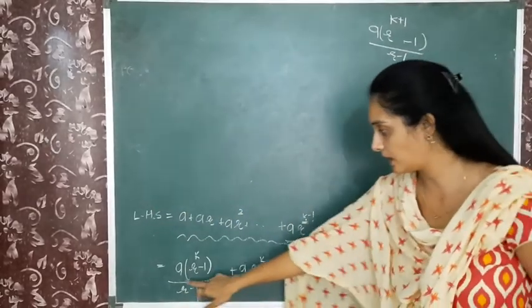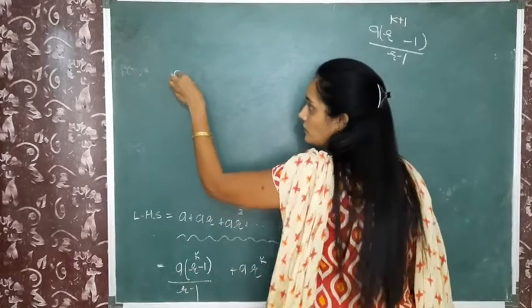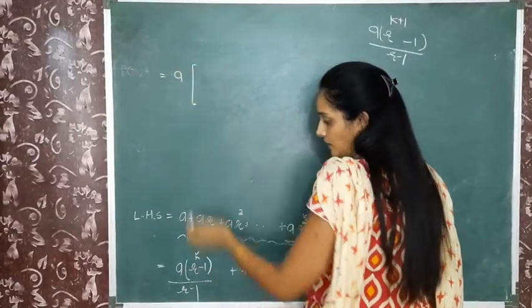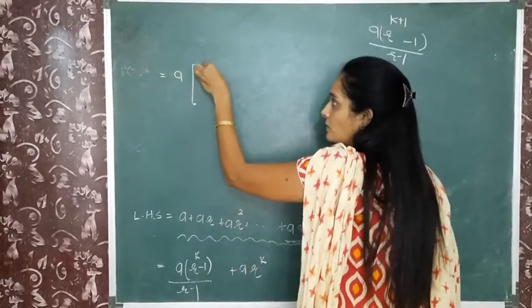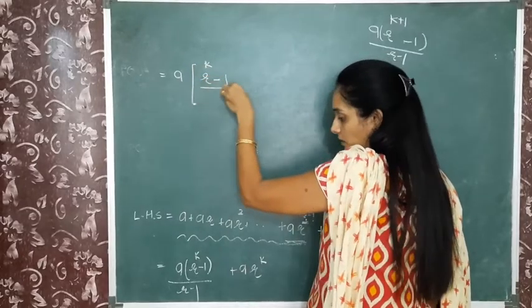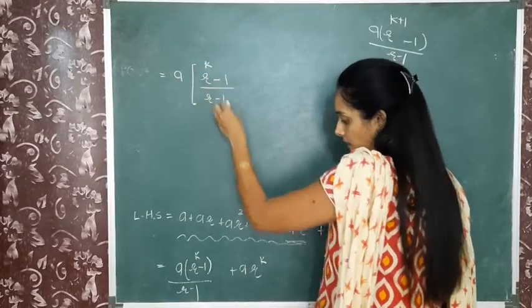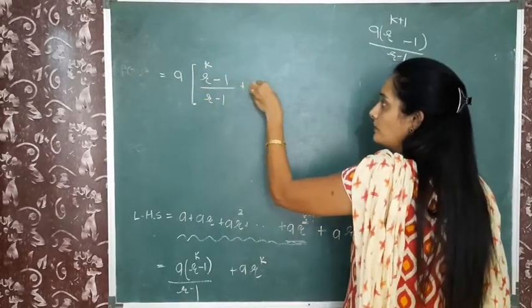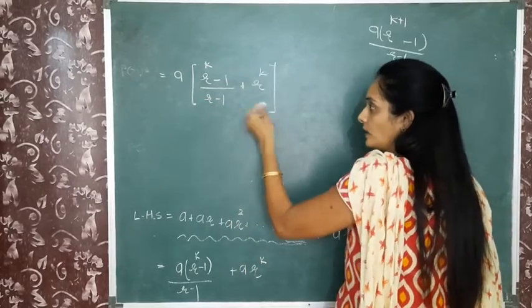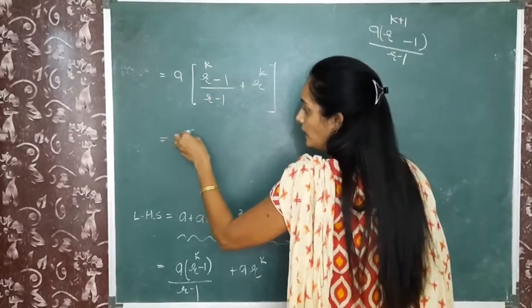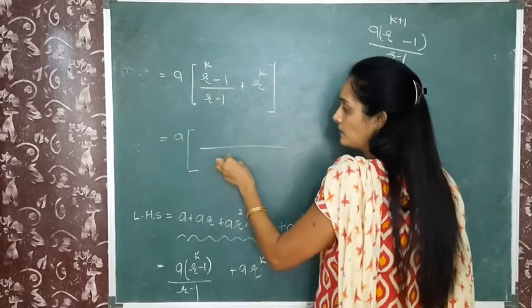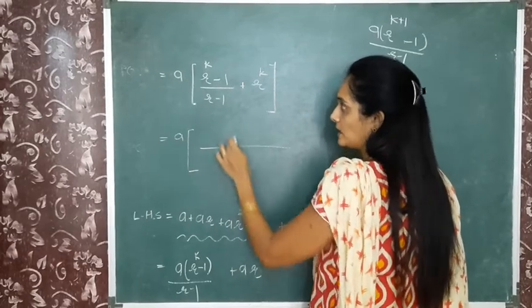First, we can take a as common. So we have here r raised to k minus 1 upon r minus 1 plus r raised to k. Now we take r minus 1 as LCM.